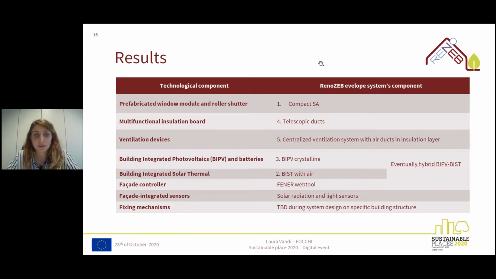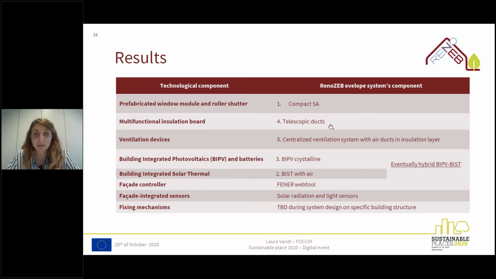An important point is that we need a qualitative approach, but of crucial importance is to cross the multi-criteria decision analysis for the envelope system with the multi-criteria decision analysis of the envelope system component. Because, for instance, I took as example the multifunctional insulation board.